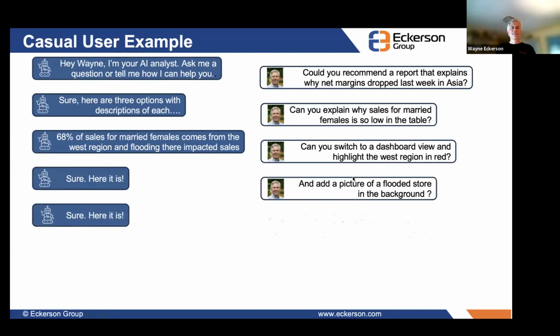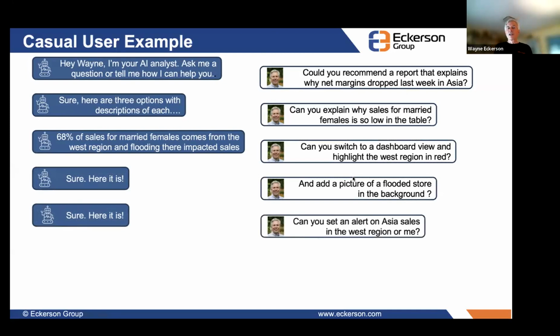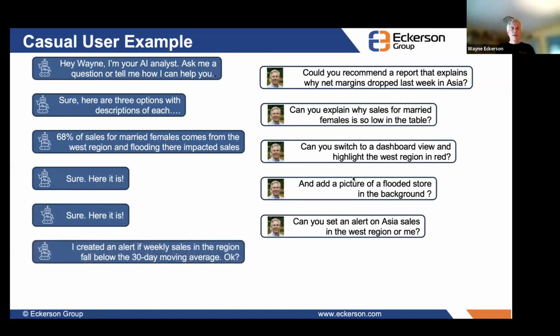Sure, here it is. Can you set an alert on Asia sales in the West region for me? Sure, I created an alert. If weekly sales in the region fall below the 30-day moving average, is that okay? So it's making some assumptions about what kind of alert you want based on your profile and based on the nature of the data or other types of alerts that have been set in the past.